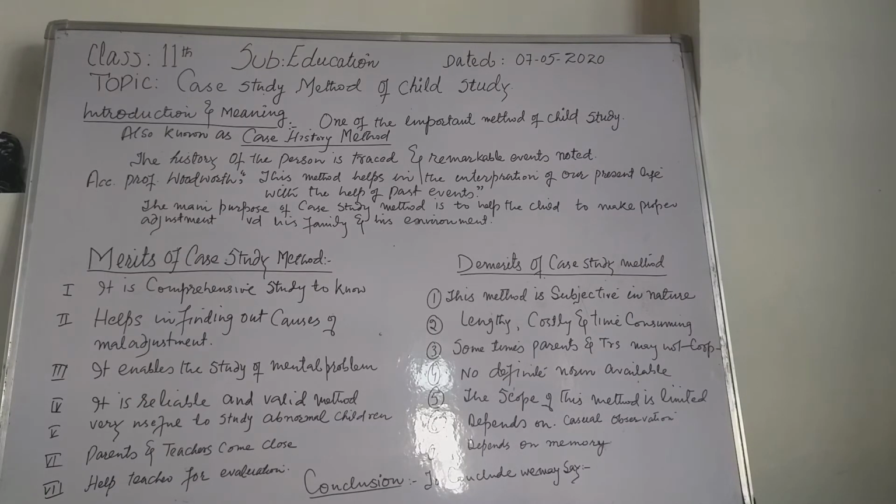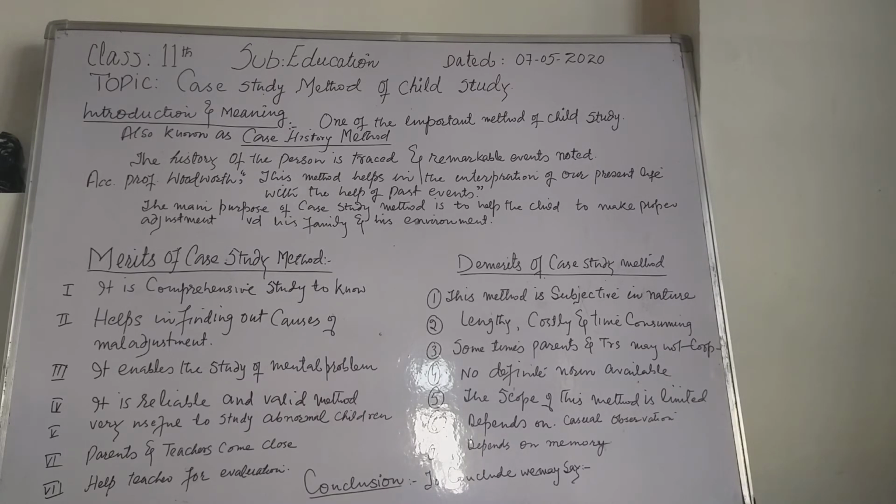Next, with the help of this study, parents and teachers come closer to each other. Child study helps the teacher for better evaluation of the child. Next, it gives better understanding about the normal behavior of the child.